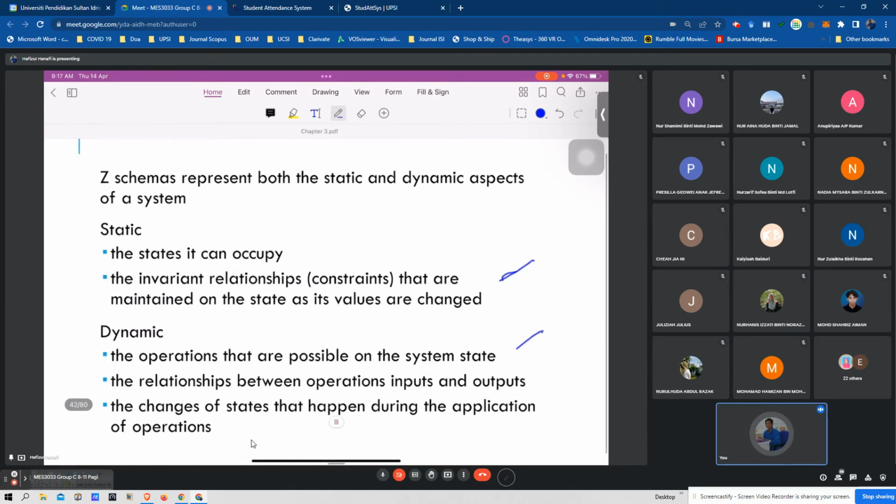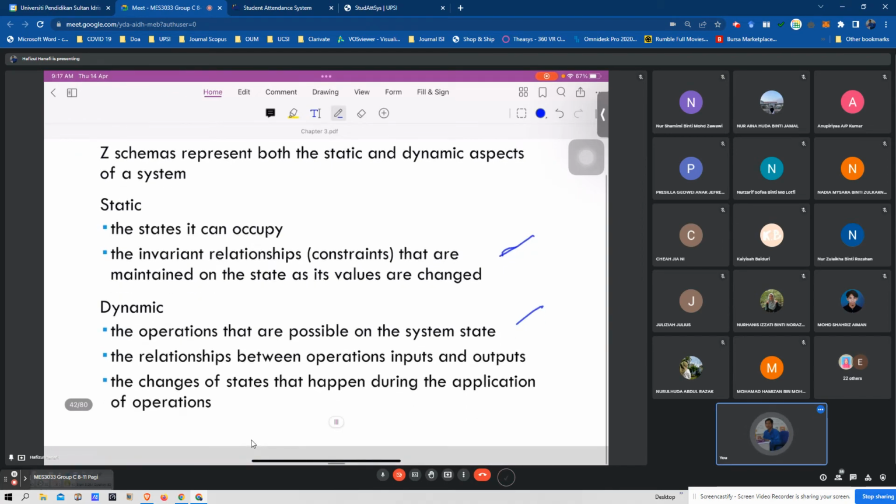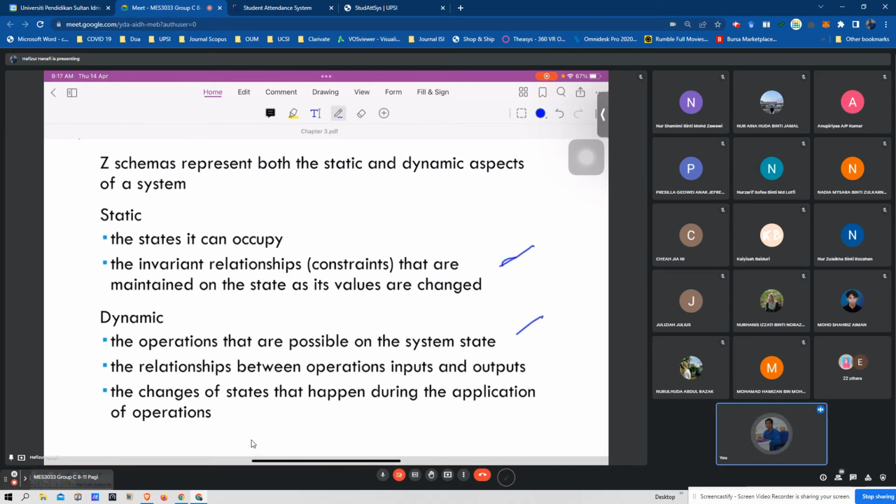Okay, this one I have explained. We have static and dynamic aspects of the system. Static means it can occupy invariant relationship constraints that are maintained on the state as its values are changed by the operations. This one is changed by the operation.